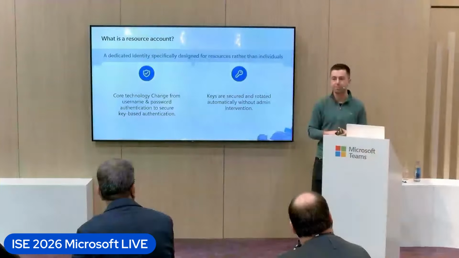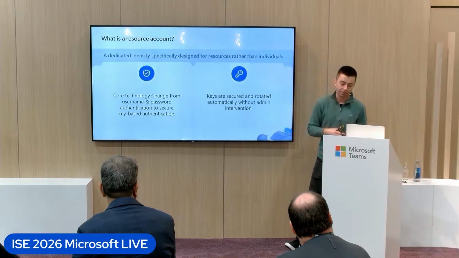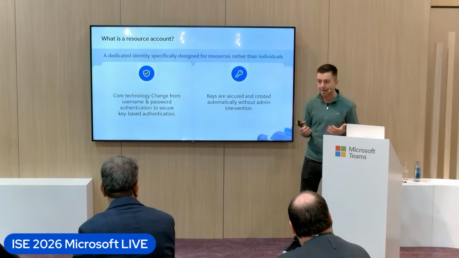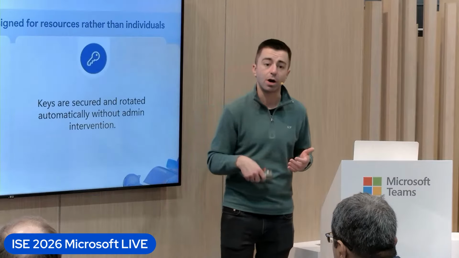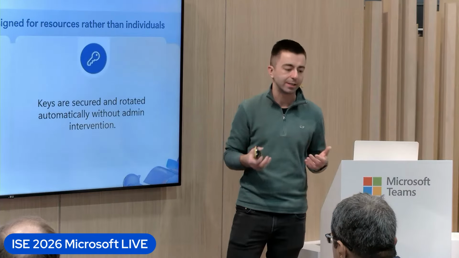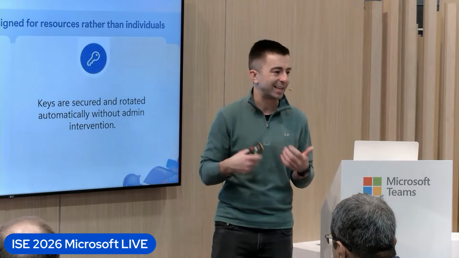Think certificate-based authentication, a secure token passed back and forth between the Teams device and Entra ID. That security key is stored and encrypted locally and rotated automatically with no admin or end user interaction, and no way to steal those tokens off the device. They're bound directly to the device, improving the security posture.